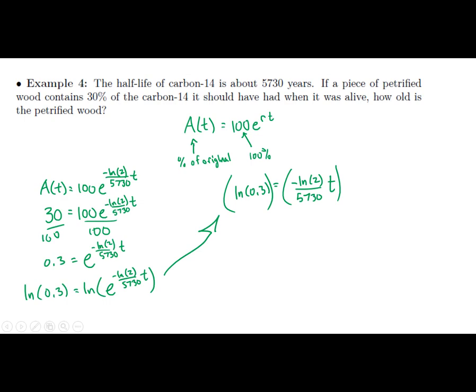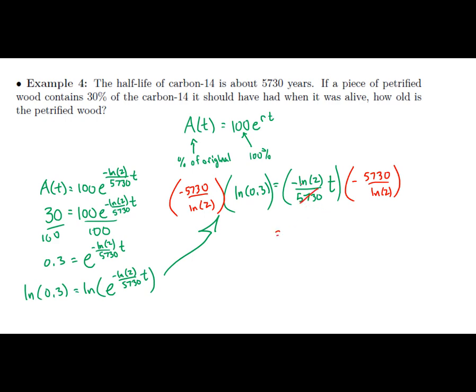I'll change colors to make it a little nicer looking here. So we'll have times negative 5,730 over natural log 2 and negative 5,730 for natural log 2.